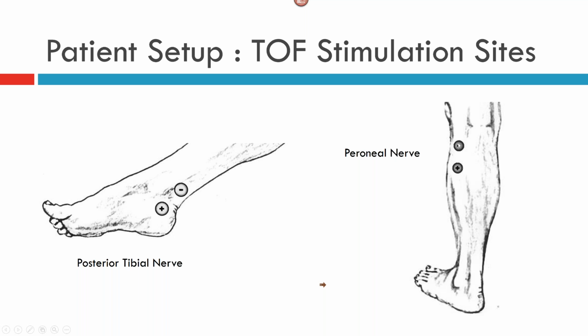Peroneal nerve is the tricky one, because the sciatic nerve comes behind the knee, and it splits into common peroneal nerve and posterior tibial nerve, and common peroneal becomes superficial and deep peroneal, and tibial nerve is again split into 2 branches. So peroneal nerve turns around behind the fibular head.